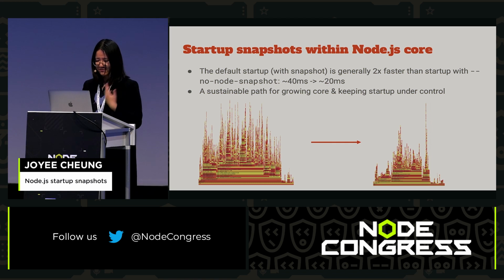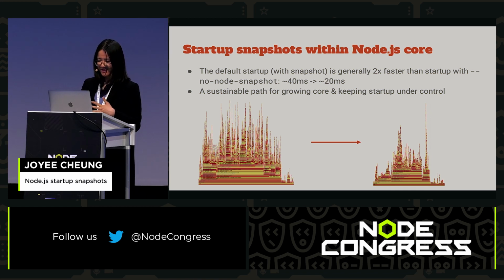So with the default snapshot, the startup is generally twice as fast compared to launching Node without a snapshot. For example, on this MacBook, it goes from about 40 milliseconds to 20 milliseconds to start up Node core itself.